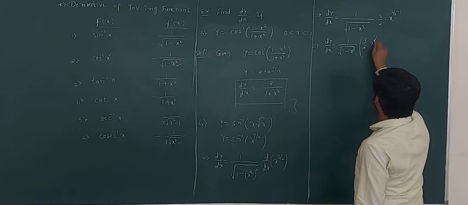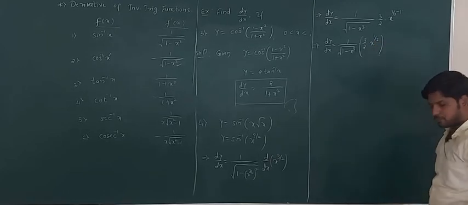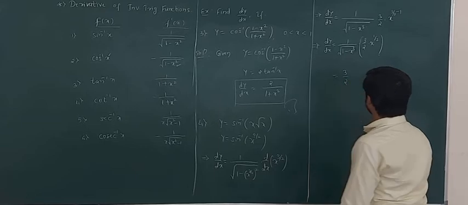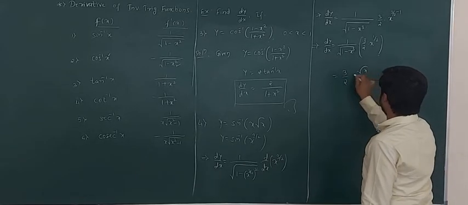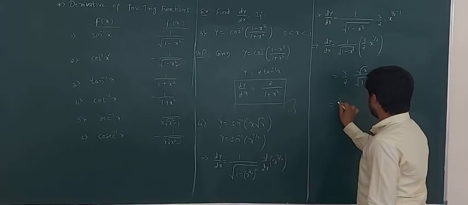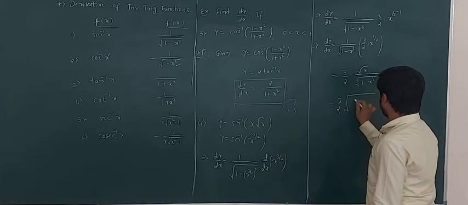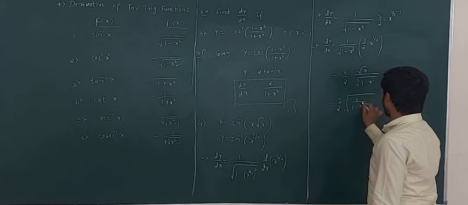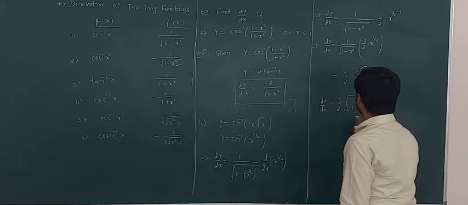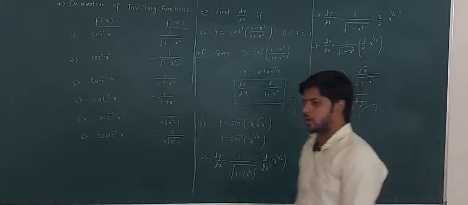So x to the power 1 by 2. That is equal to 3 by 2 constant, root x divided by square root of 1 minus x cube, or 3 by 2 whole root x divided by 1 minus x cube. This is our dy by dx, which is our required solution. Note it down.